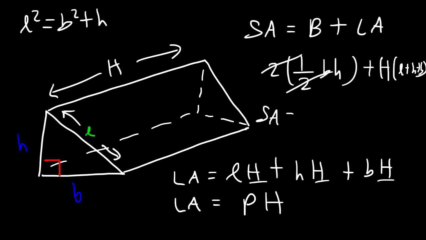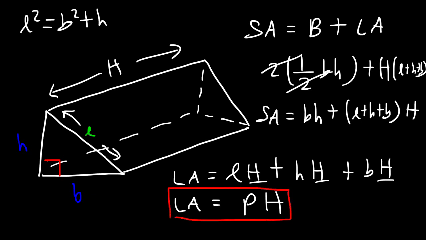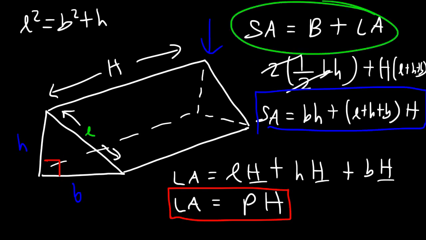So thus we have the surface area is B times h plus L plus h plus b times the height of the prism. So make sure you know this. The lateral area is going to be the perimeter times the height. And so this is the surface area for this particular type of triangular prism. And you could use the general equation for all types of triangular prisms.